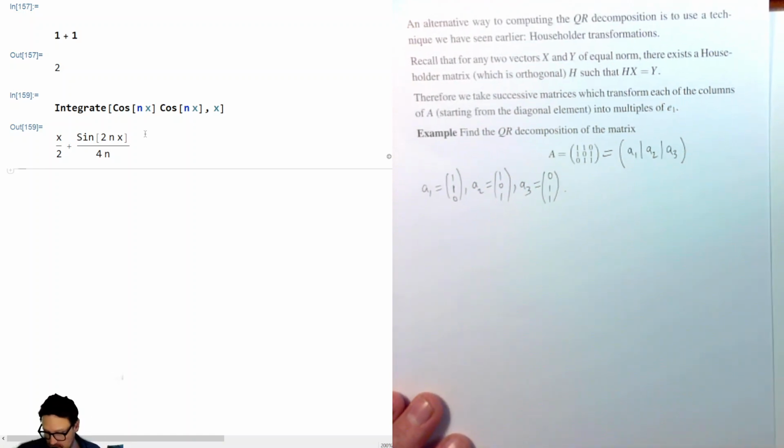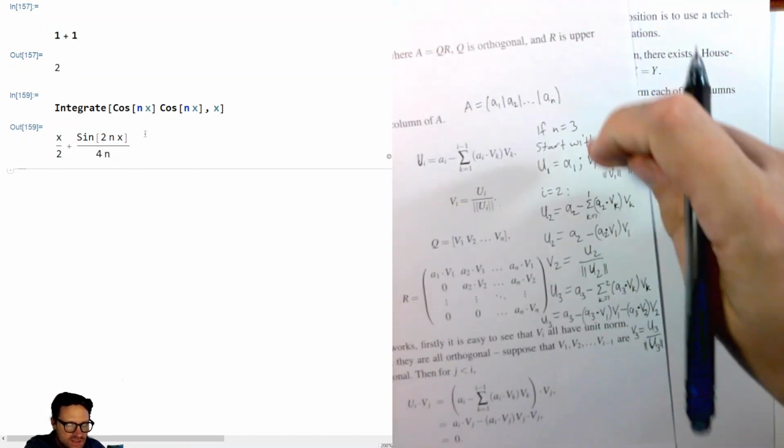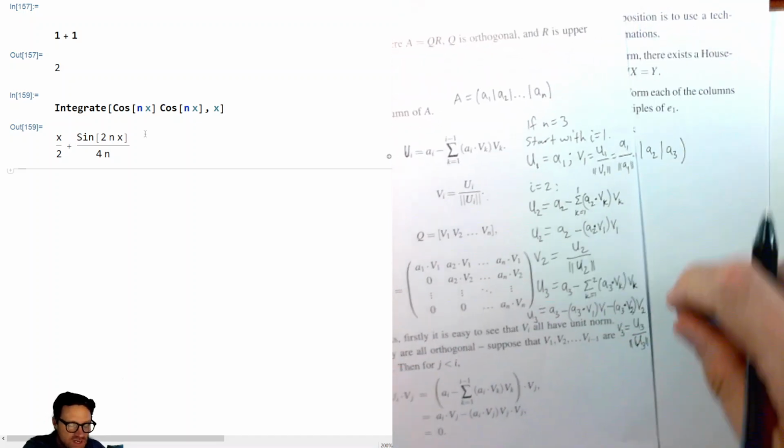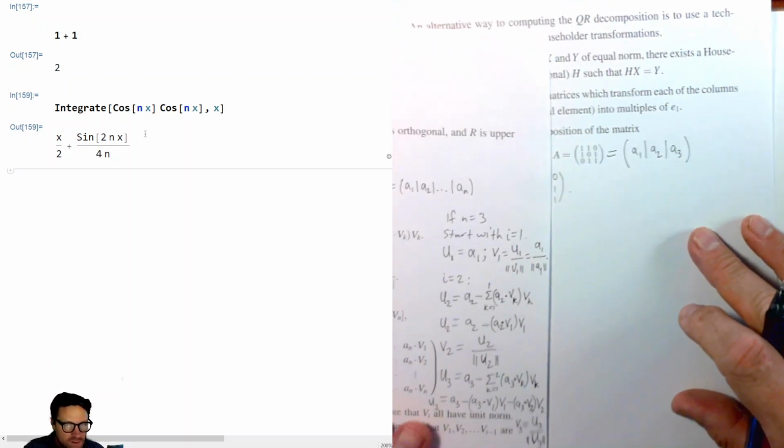You want to flip back and look at this in the case that n is equal to 3. So keep that here, but you should also look at it.